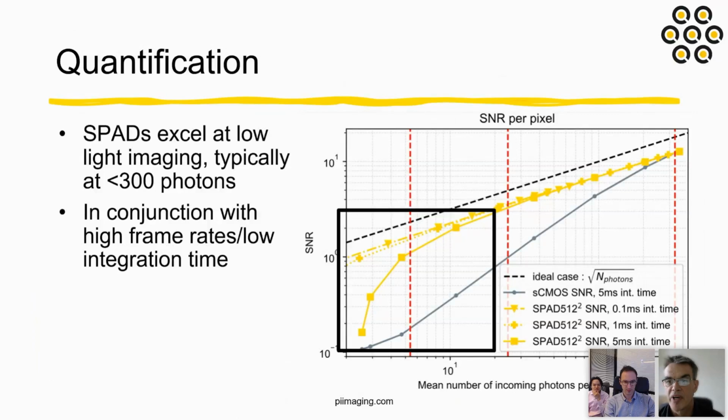Question about LiDAR. What are the potential challenges in cost reduction for mass market applications such as LiDAR? That's something you see in the future. LiDAR has been one of the fields that SPADs attacked really early on.